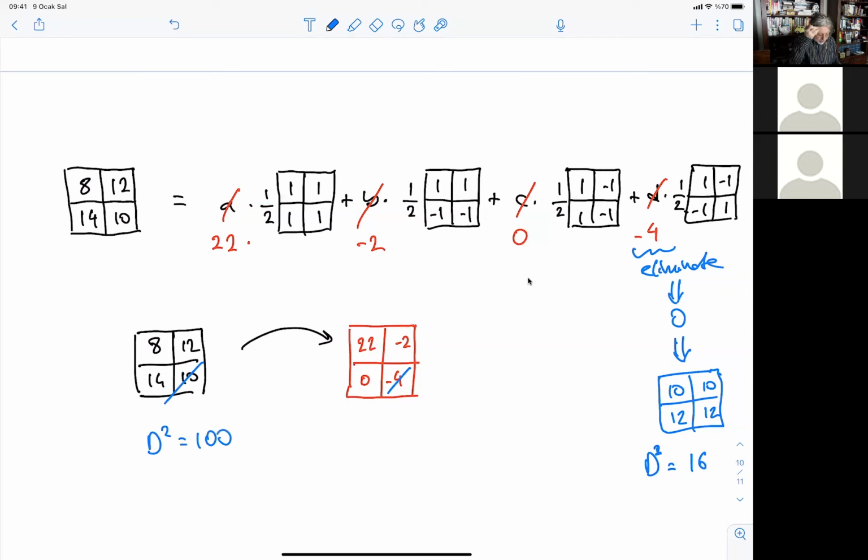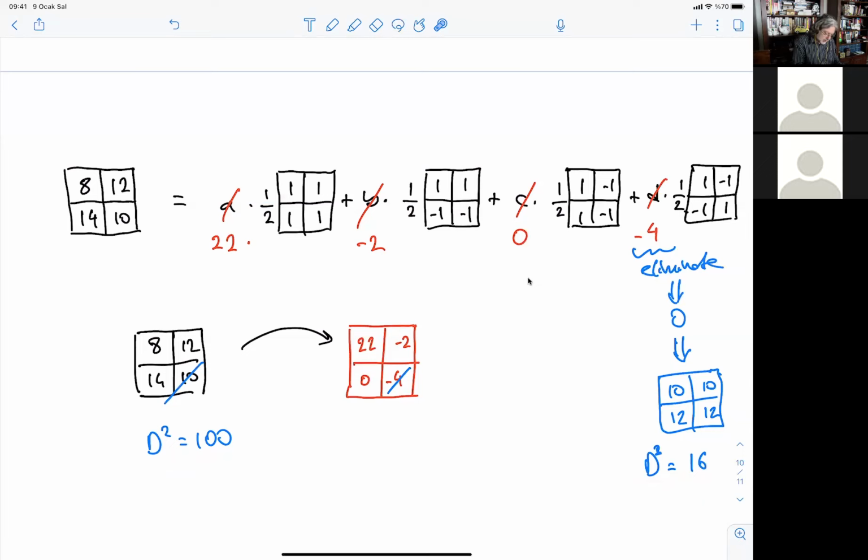So if I eliminate 1 pixel from the original image, I would have a distortion of 100. Now, I first transformed and then eliminated 1 pixel from this transformed vector. I eliminated this one, and my distortion became 16. So 16 is significantly smaller than 100, of course.